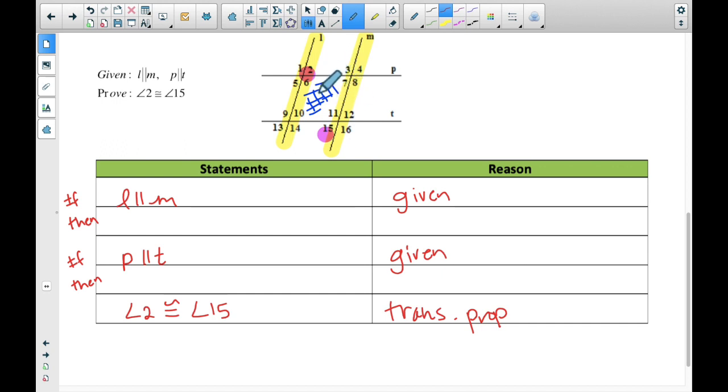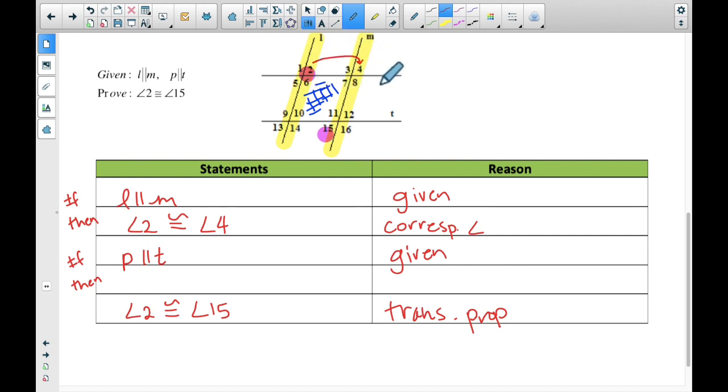So I can start off by saying angle 2 is congruent. All right, let me look for something over here. What would it be congruent to? How about angle 4? That is a corresponding angle. So angle 2 is congruent to angle 4. That can work. Now I want to jump, so I went over here.